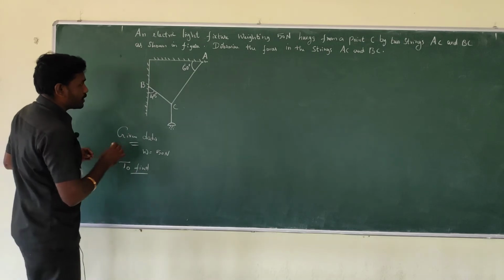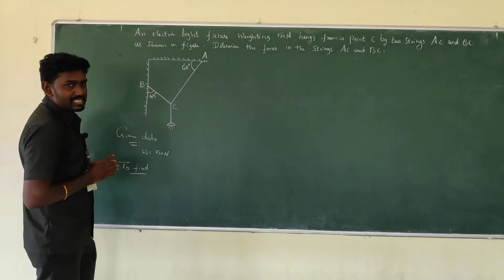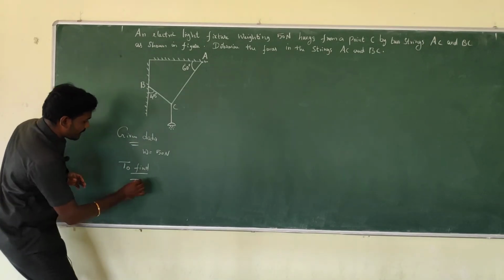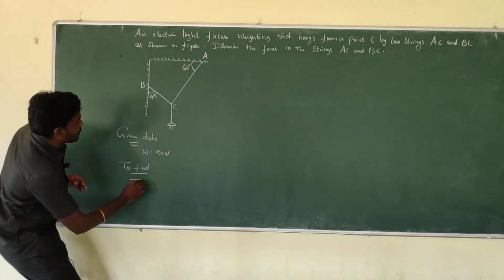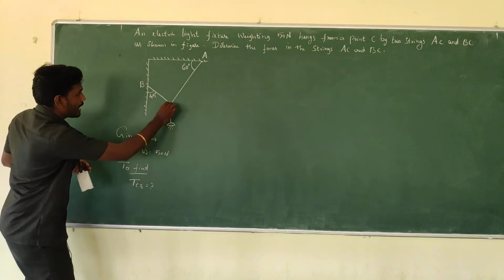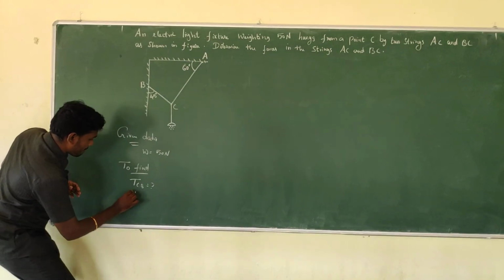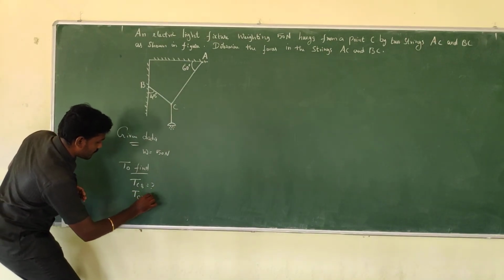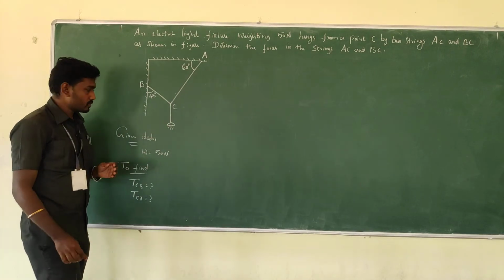So here the tension force acts in the strings AC and BC. I am going to take TCB, which is unknown and we need to find, and TCA, that we also need to find.